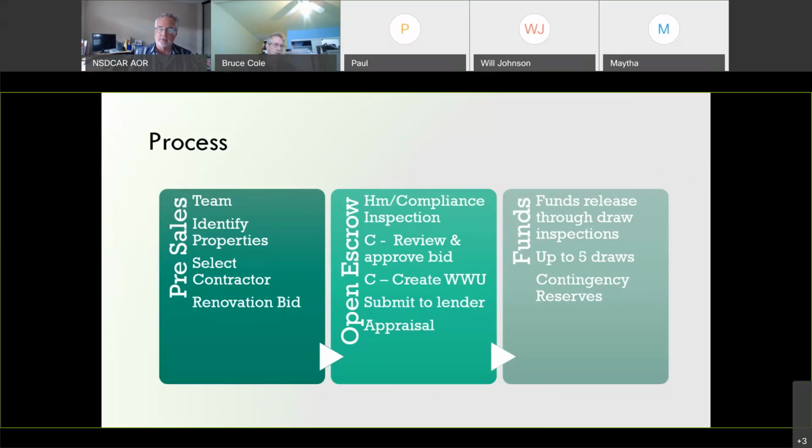Contingency reserves. So when we put together a construction budget of $60,000, we're going to add a minimum of 10% to that construction budget to allow for anything unanticipated. And that could be anywhere from 10%, it could be as much as 20%.